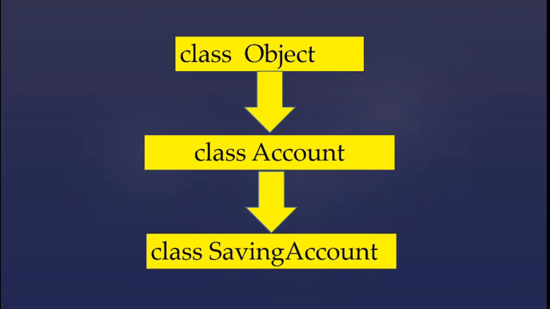So this is basically multi-level inheritance. It shows that Java internally supports multi-level inheritance. Here we can see that the Object class has been inherited by the Account class, and the Account class has been inherited by the SavingAccount class. So Object's properties have been given to the SavingAccount class also.